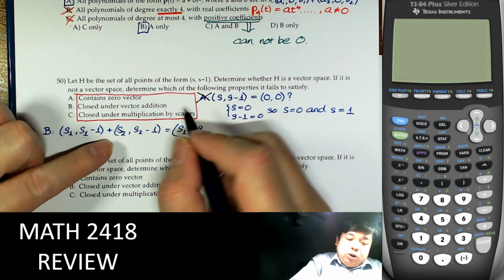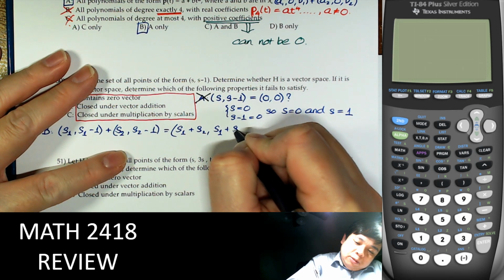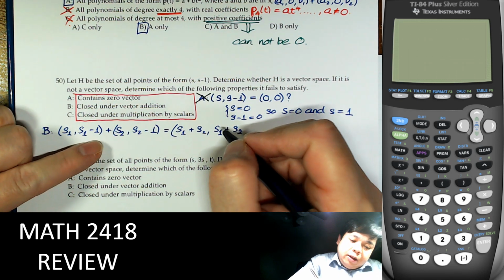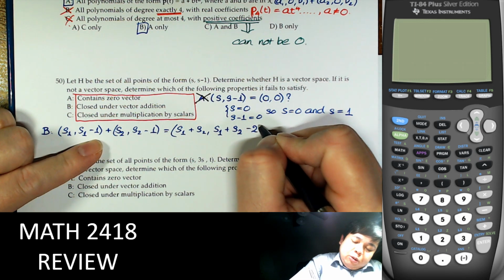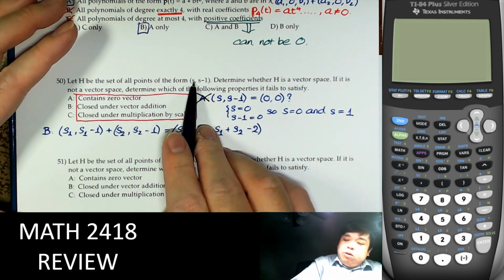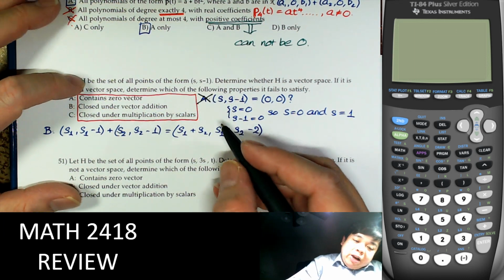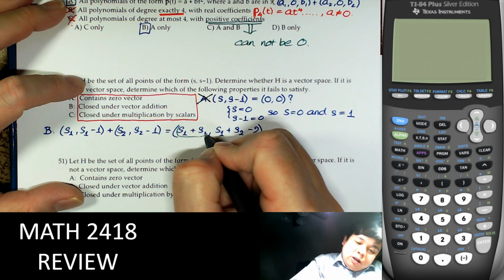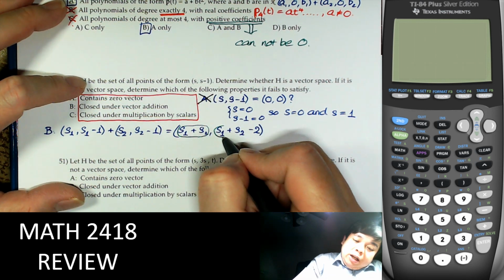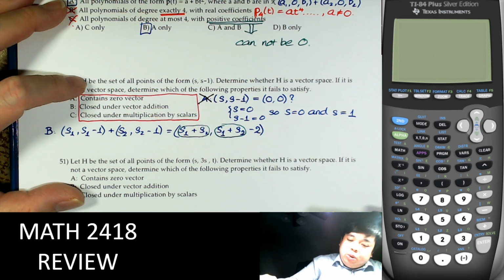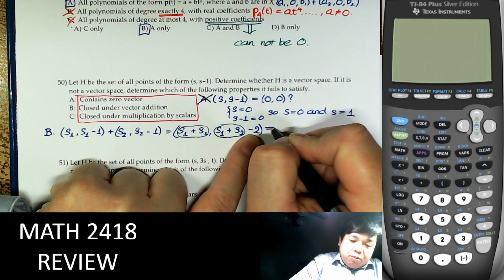And then when you add these two, S1 plus S2, and minus 2. Well, if we look at the form of this, all the vectors in H have the first component and the first component minus 1. This will have the first component minus 2.